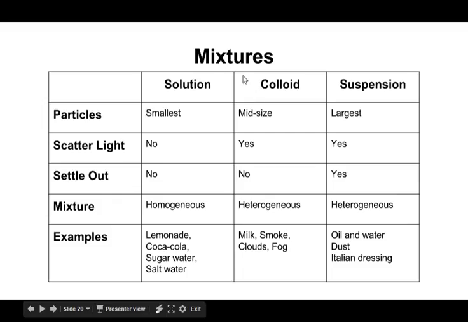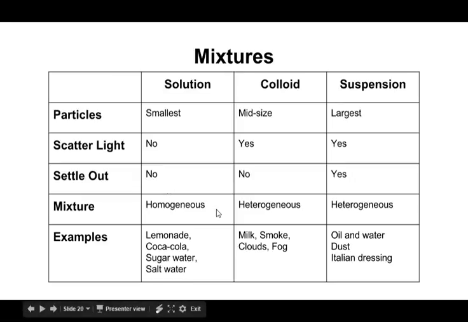Just as a reminder, these are the three kinds of mixtures: solutions, colloids, suspension. Solutions have the smallest particles, they do not scatter light, and they do not settle out. They are homogeneous mixtures.